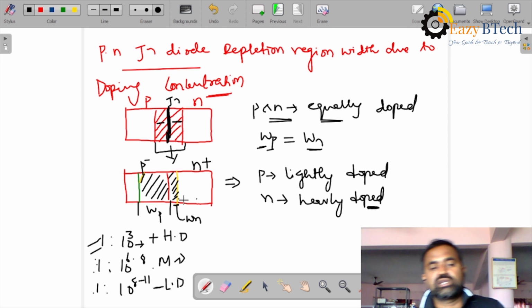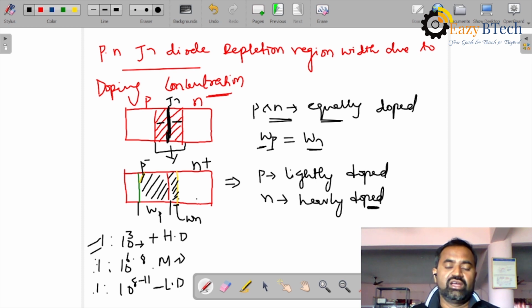Okay students, this is a PN junction diode under forward and reverse bias condition. In today's lecture we have studied how the PN junction diode is used and how it is operated in forward bias and in reverse bias.